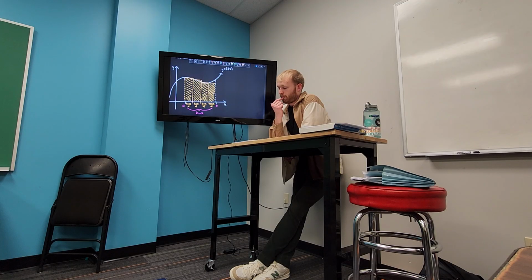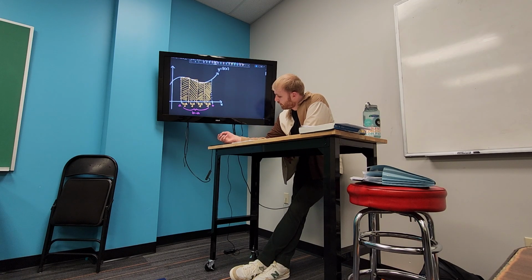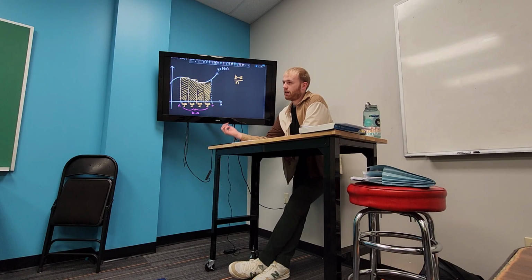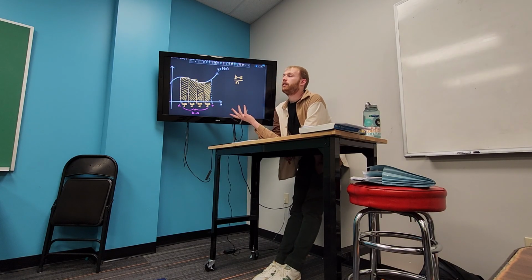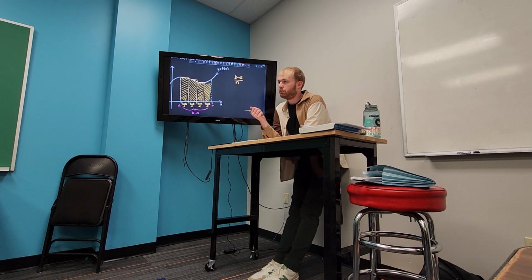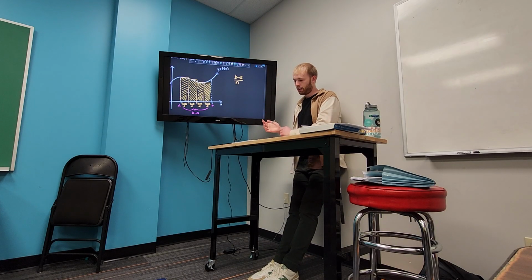Well, there are 4 rectangles, so you take the width b minus a and divide by 4, the number of rectangles. So you'll always have b minus a, whatever the interval we're talking about is, divided by the number of rectangles that you have. In this case, it's 4, but we can just use n to talk about it generally. However many rectangles you decided to split it up into, that's what that bottom number will be, okay?